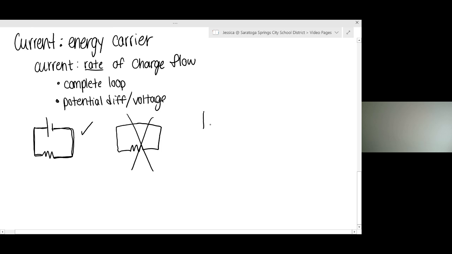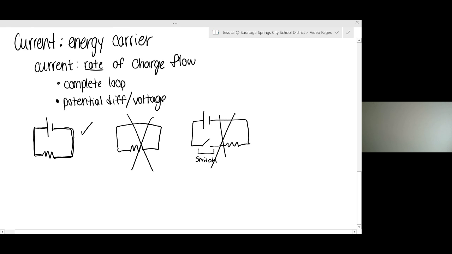And if we had a circuit that looked like this, well, this circuit's open. This right here represents a switch, and right now that switch is open, and that means that there's not a complete loop, so we're not going to have any current flowing through that circuit.